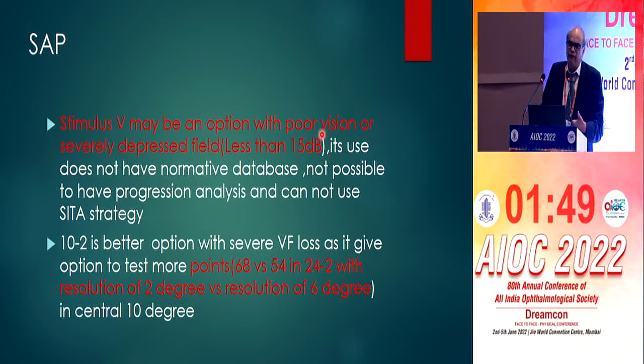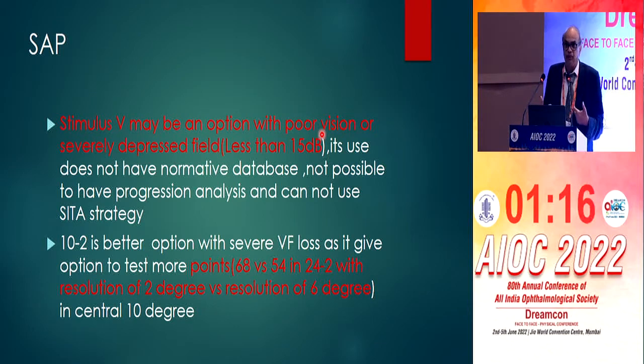The difference between 24-2 and 10-2 is that there is a resolution of 6 degrees if you have selected a strategy of 24-2, but there is a resolution of 2 degrees if you have selected the strategy of 10-2. There is a huge difference. But 24-2C is not useful in that, because they just have 10 additional random points, so they do not increase the resolution of the test.